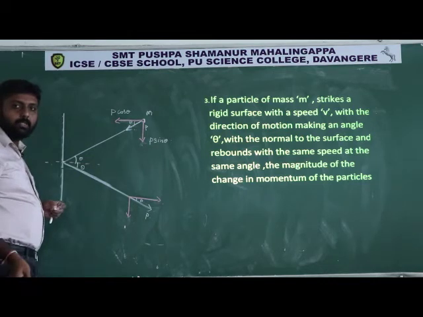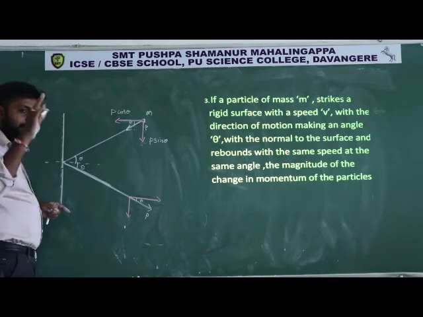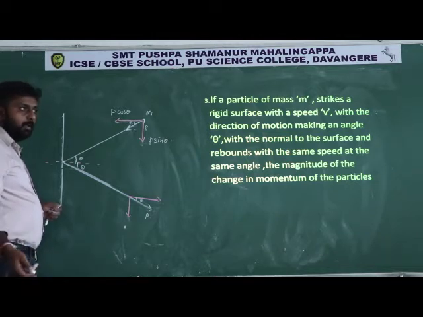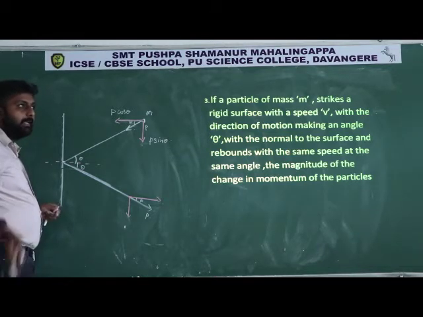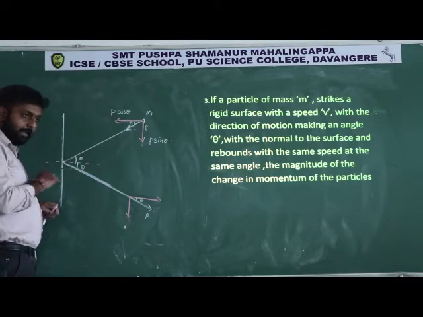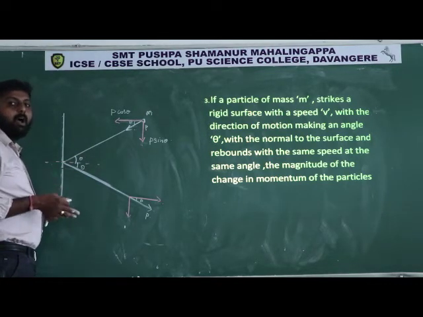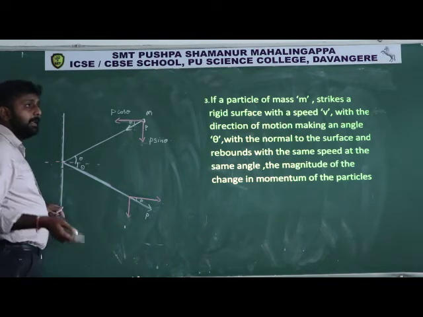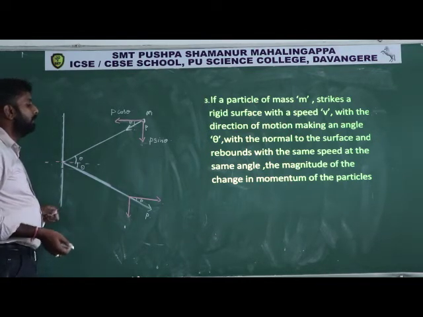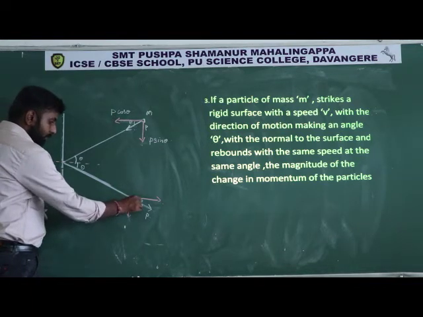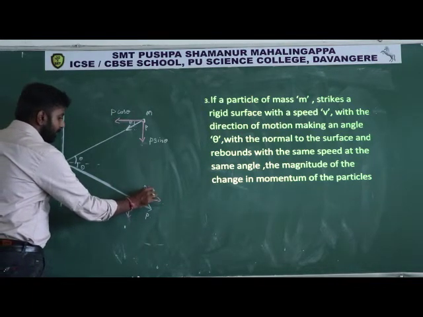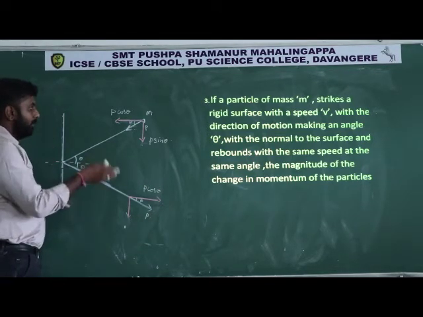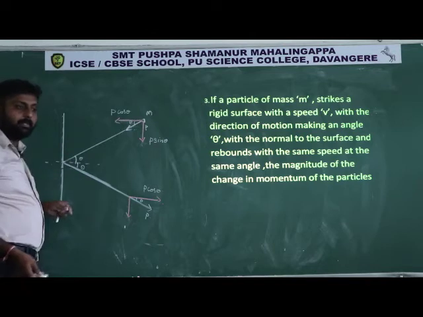And also you know that i cap, j cap, k cap are the unit vectors which specify the direction. i cap is always in x direction, j cap always in y direction, and k cap always in z direction. So here also this horizontal component becomes P cos theta. Here the momentum before and after is the same. Why? Because the velocity is the same, right?